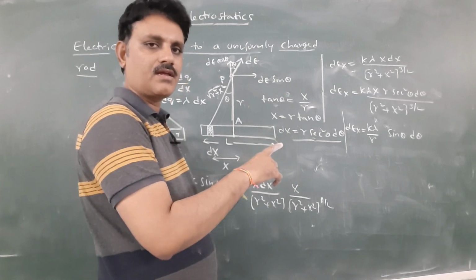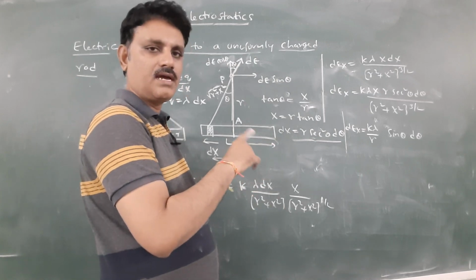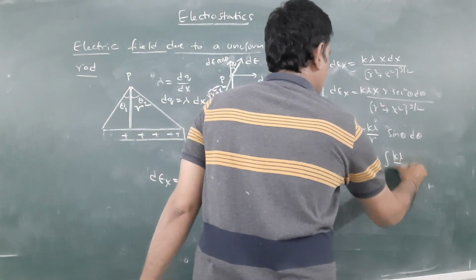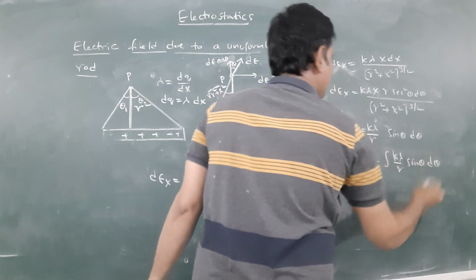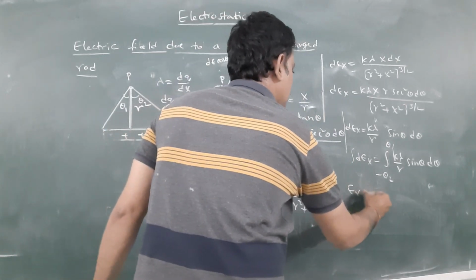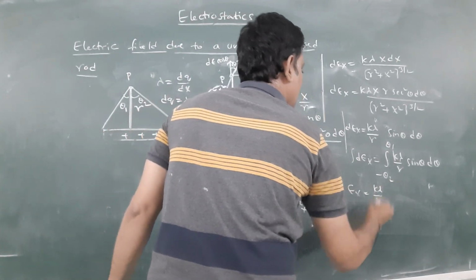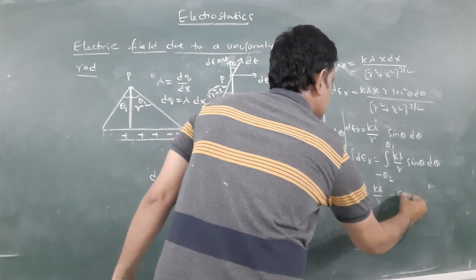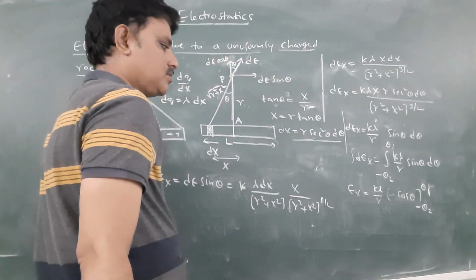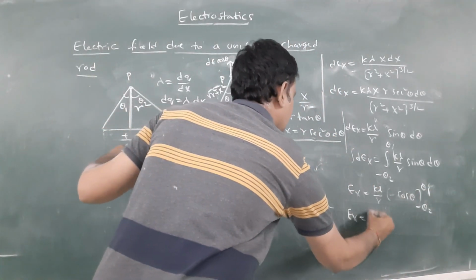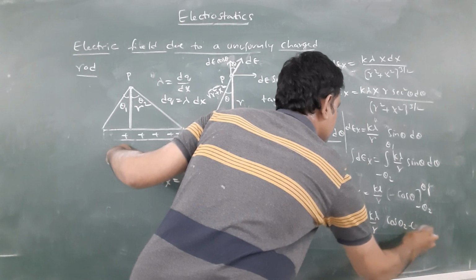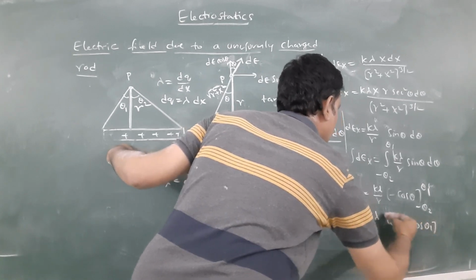So if you integrate that factor, you can get electric field along x direction. By integrating, integral of dEx is equal to integral of k lambda by r into sin theta d theta. The limits are minus theta 2 to theta 1. So Ex is equal to k lambda by r into minus cos theta, limits minus theta 2 to theta 1. So the x component of electric field is k lambda by r into cos theta 2 minus cos theta 1.